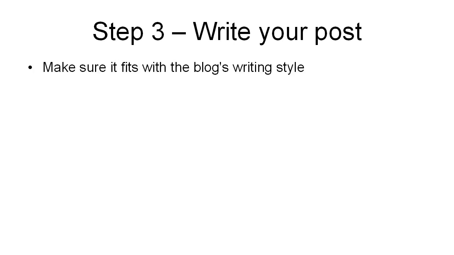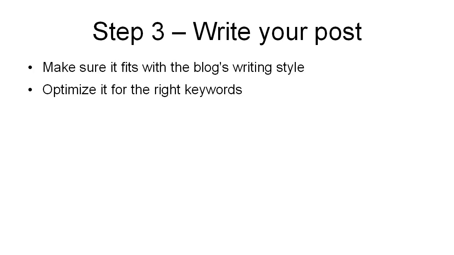If it's British English, you want to make sure that you run it through a British English spell checker beforehand. If it's American English, the same applies. Run it through an American English spell checker just to make sure that you've got all the spelling right and that everything fits in with the blog's writing style.